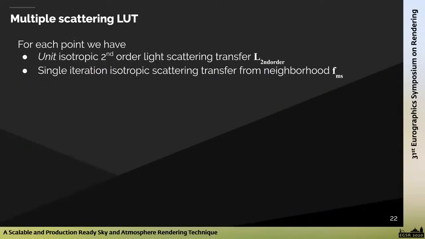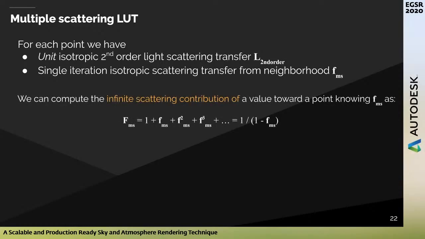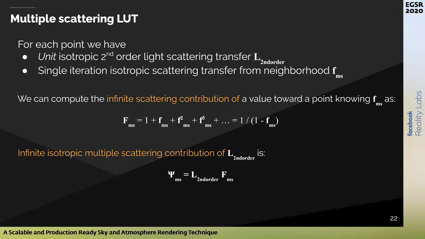And so now for each position and sun zenith angle, we have the second order scattering transfer and a neighborhood scattering gathering transfer function. We can compute the infinite scattering contribution from FMS using an analytical property of geometric series, and this gives us FMS in caps. By multiplying it with the second order scattering transfer function, we can compute the infinite isotropic multiple scattering contribution factor we call psi here.